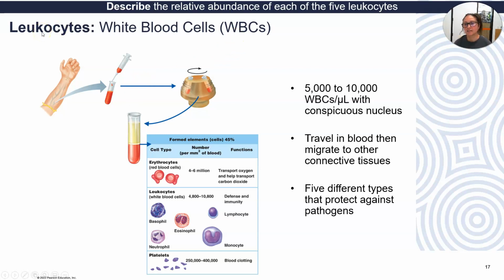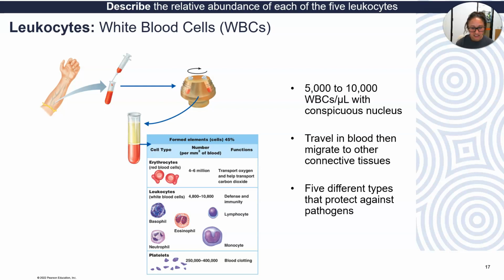So white blood cells are called leukocytes. And we have 5 different types of leukocytes in our blood floating around. And as I said before, we're going to look at exactly what they all do when we do the immune system.